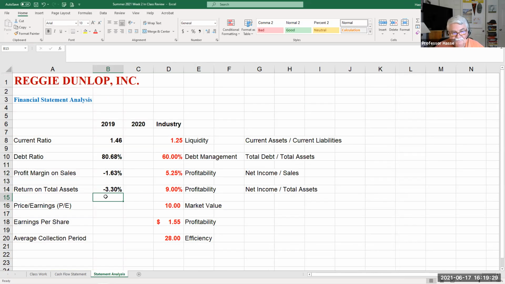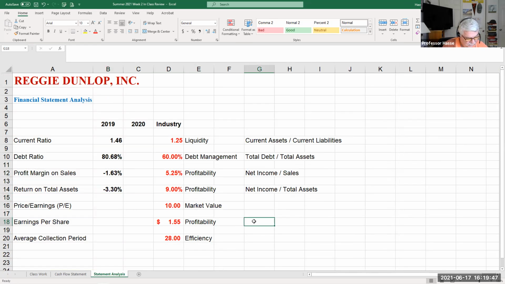Not very good. We're returning negative numbers. This tells us, for every invested asset, how much profit is that generating? Well, in 2019, it was negative, not good. I'm going to skip down to the earnings per share to do this first.